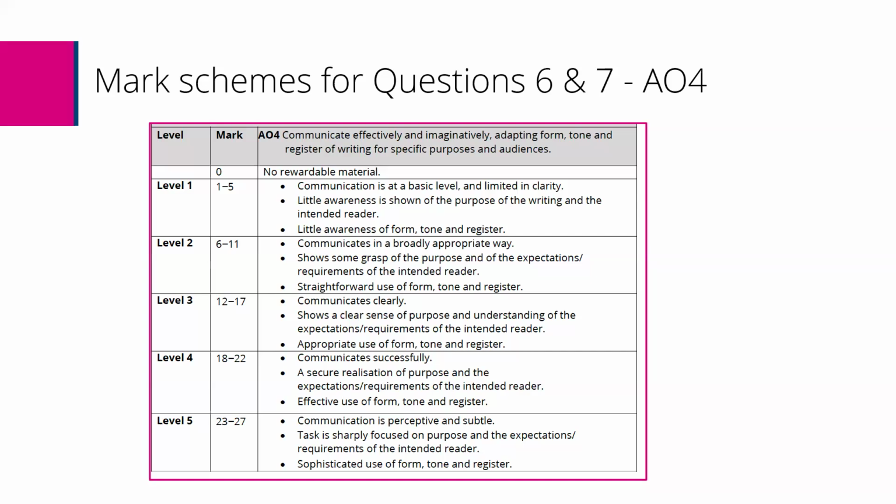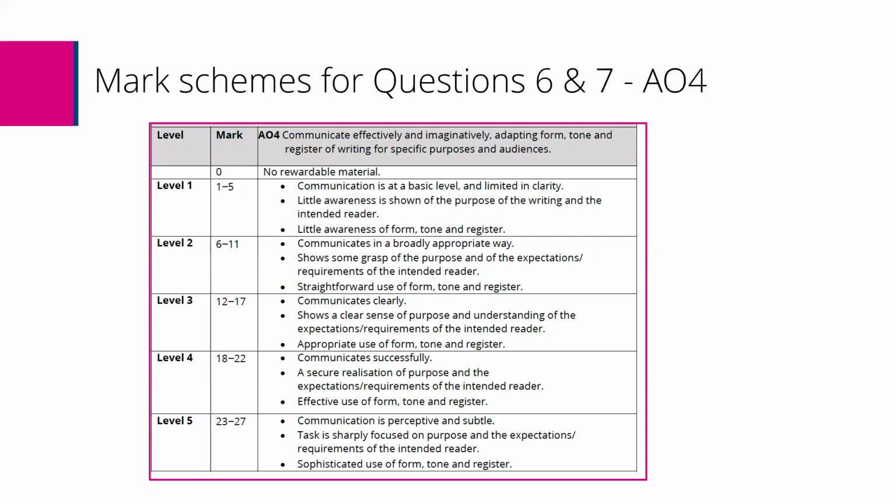So looking at our first bullet point, in level 1, we've got communication is basic, broadly appropriate in level 2, clear in level 3, successful in level 4, and perceptive and subtle in level 5.